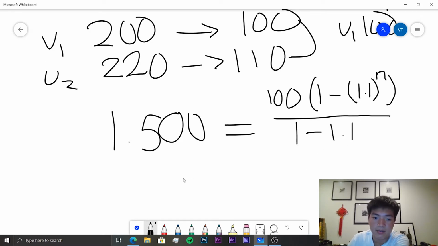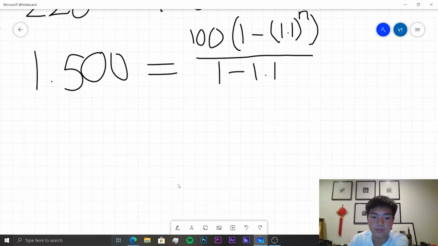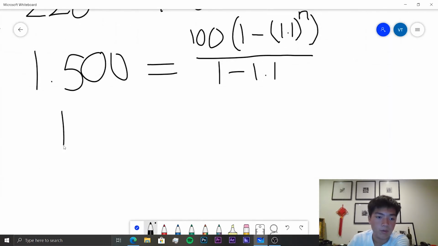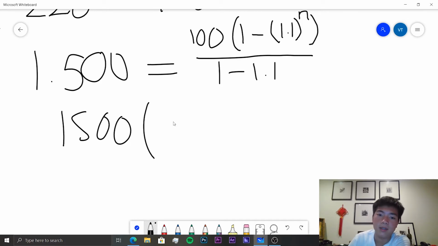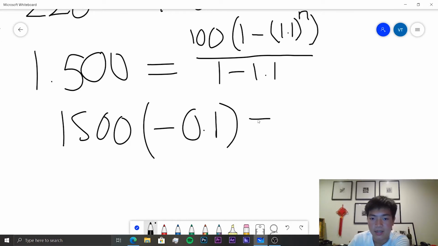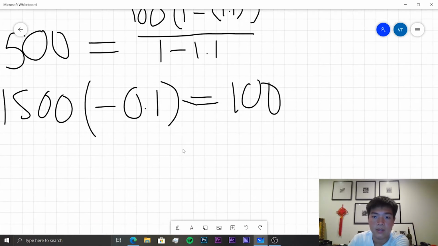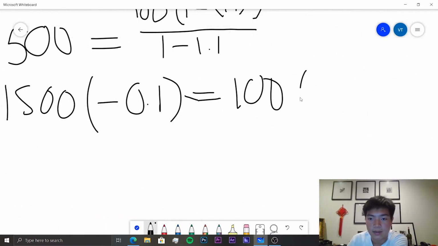So in effect, we have 1,500 times, what's 1 minus 1.1? That's negative 0.1. And that's equal to 100 times 1 minus 1.1 to the n.